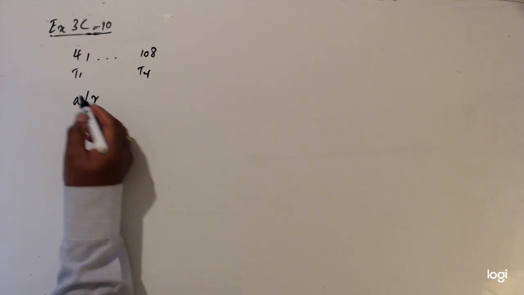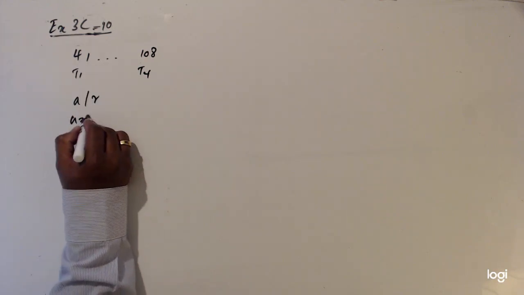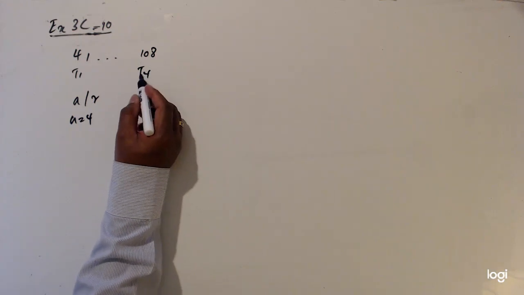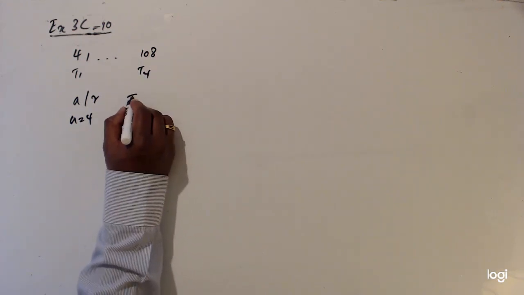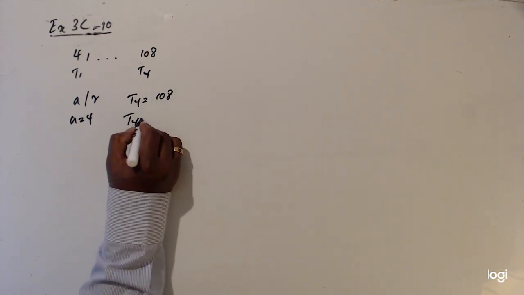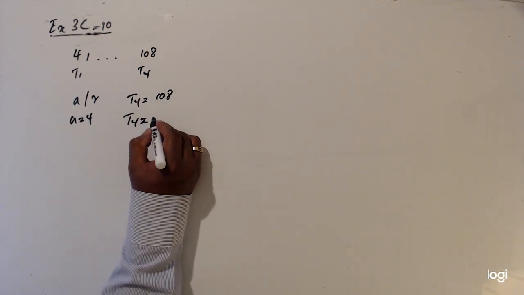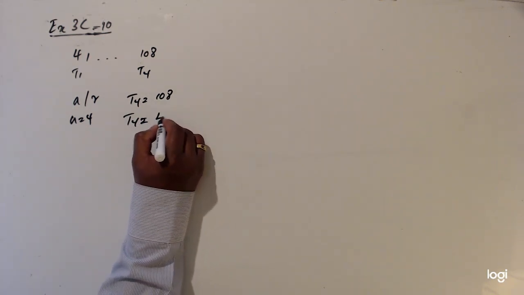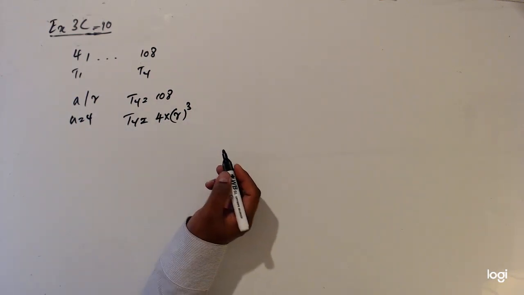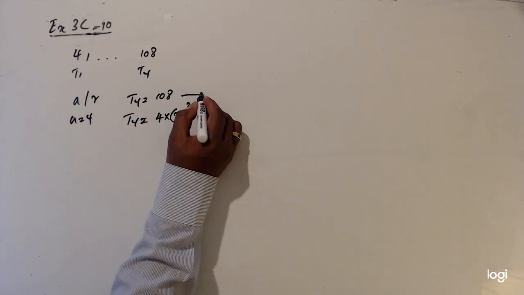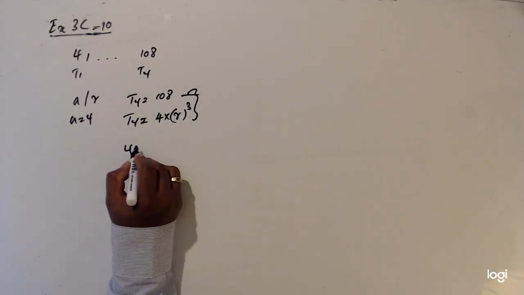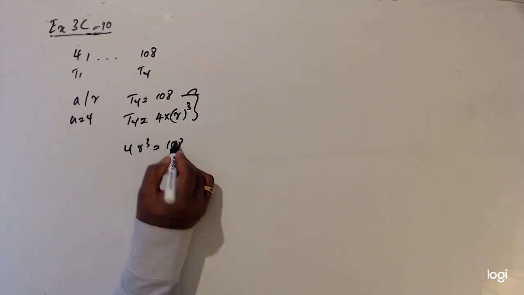Actually, a is the first term, so a equals 4, and the fourth term is given. So T4 equals 108. T4 you can also write in terms of the first term and the common ratio. So from here the conclusion is 4r cubed equals 108.